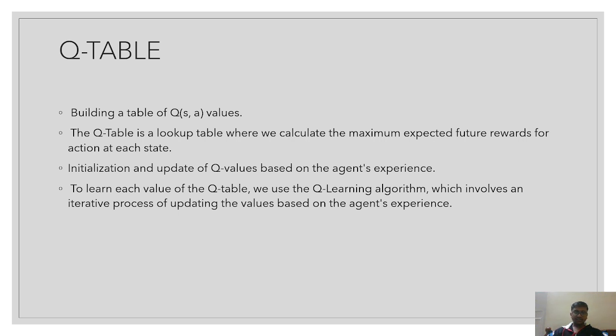So it calculates the maximum expected future rewards for the action that takes place at each state, each time. At that exact time, whatever the best action that could be taken is taken to expect the maximum future rewards. So this is calculated via the Q table.